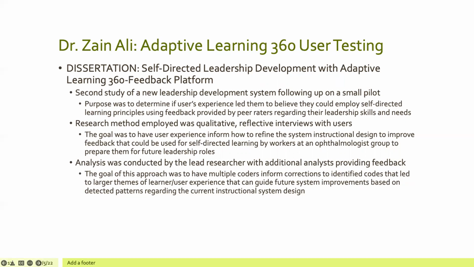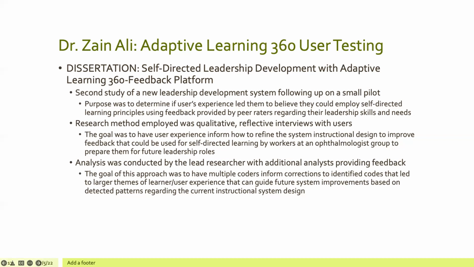That was Zane's goal, to develop a 360 platform that is usually used with surveys to help coaches doing leadership development. But in this instance, Zane wanted to use self-directed learning principles, especially related to instructional design, to guide the development of a very complex platform that is online.